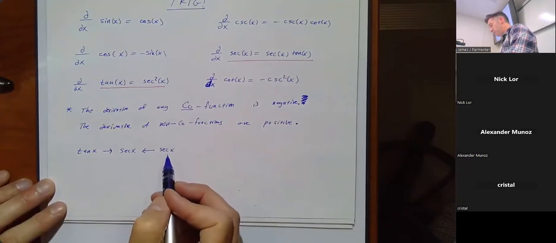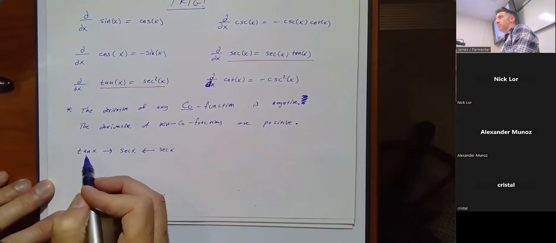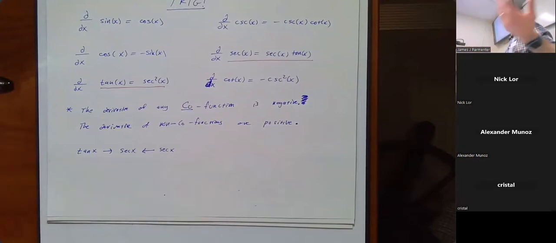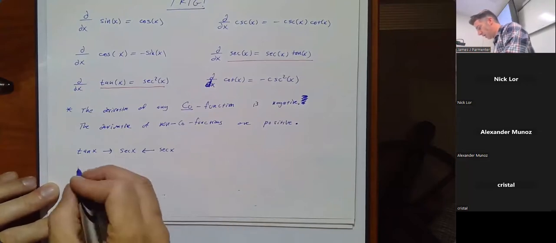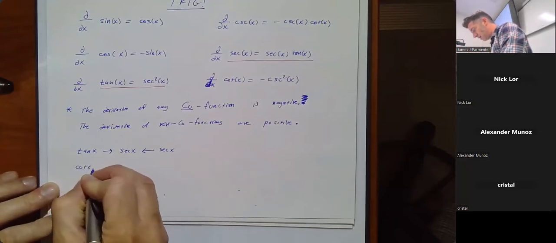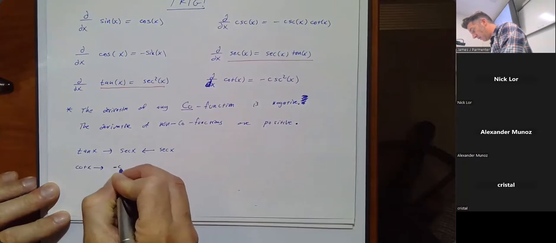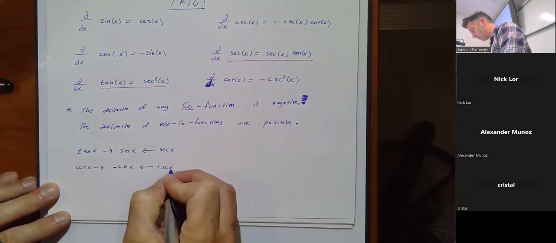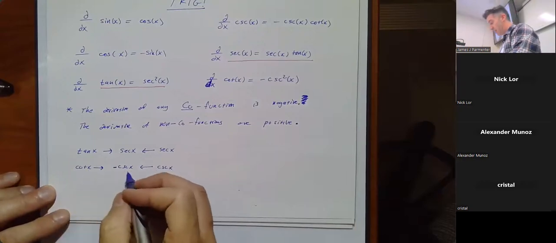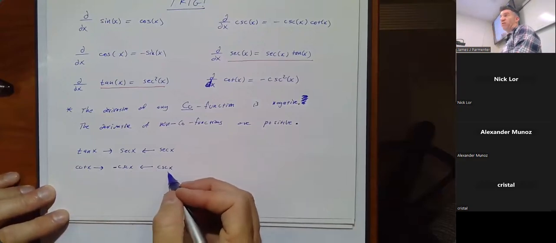The derivative of secant is secant times tangent. I thought it was clever. Like they just came up with it. Oh, cool. And then they did the same thing for cotangent and for cosecant. So cotangent of x, right arrow, negative cosecant of x, left arrow, cosecant of x. The derivative of cotangent of x is negative cosecant of x times cosecant of x, which is negative cosecant squared of x.